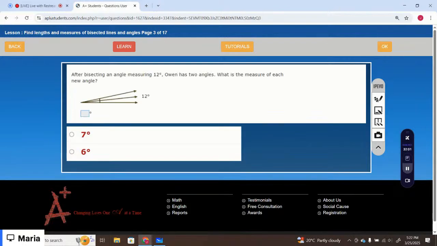After bisecting, an angle measuring 12 degrees now has two angles. What is the measure of each new angle?